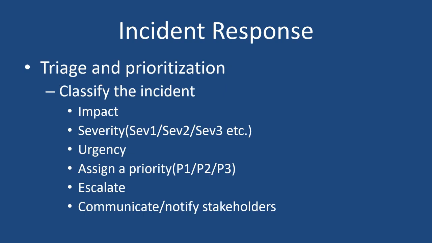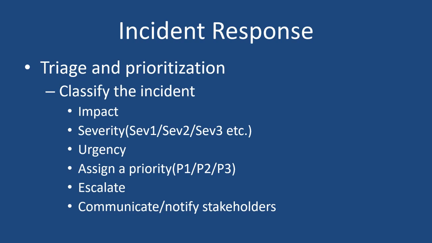Then the incident triage and prioritization begins. You need to categorize or classify the incident based on the impact. What is the impact? How many systems are impacted? What is the severity? Whether it is high severity, medium severity, low severity? What is the urgency? You need to mention an urgency.